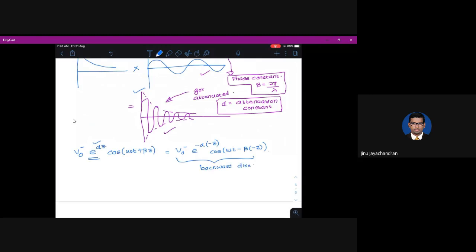Because of which the z will be negative. If you are traveling in the forward direction, your z is positive. If you are traveling in the backward direction, your z is negative. So when you have z negative, you will have e raised to minus alpha times some value, because of which the backward traveling wave will also be attenuated.